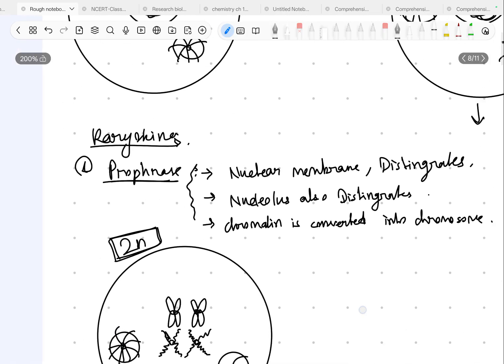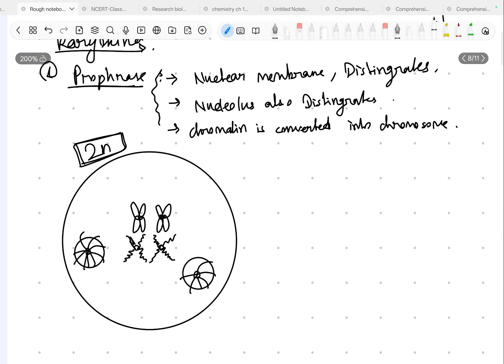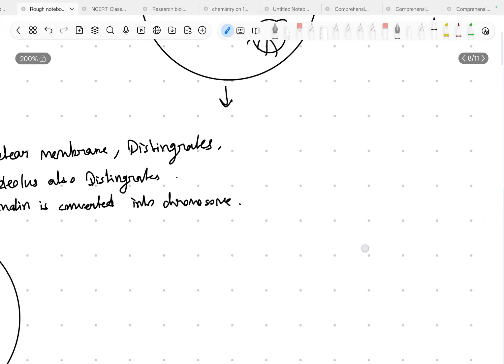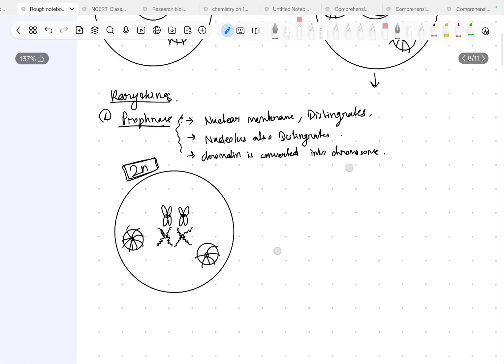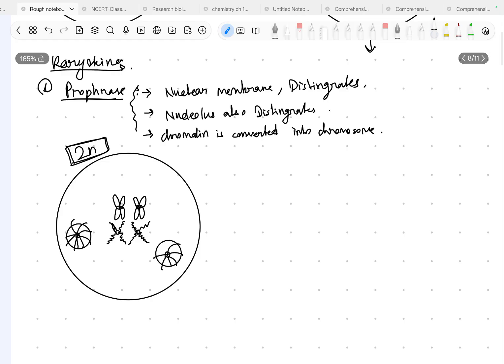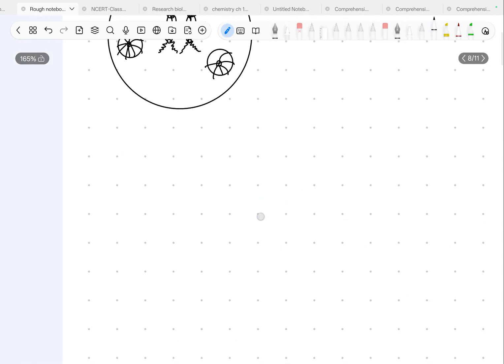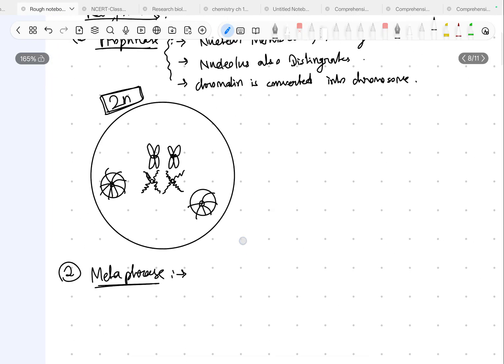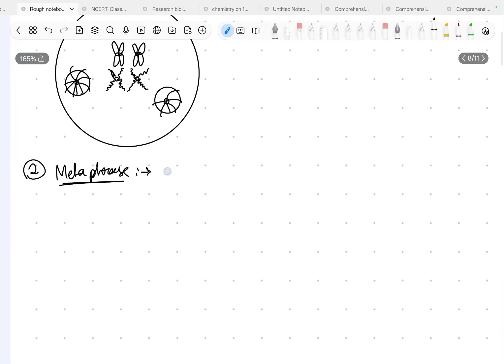Then we are moving to prophase, metaphase, anaphase, telophase, PMAT. I have told PMAT. So this was the prophase. Now we are moving to metaphase. What occurs in the metaphase? Let's see.